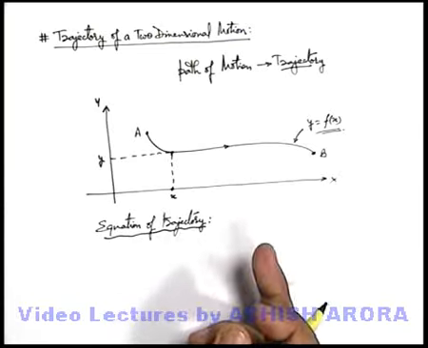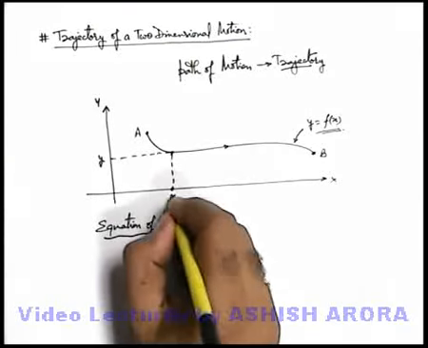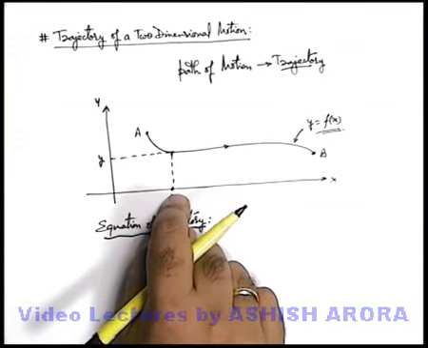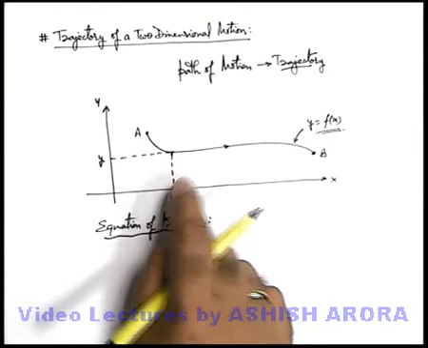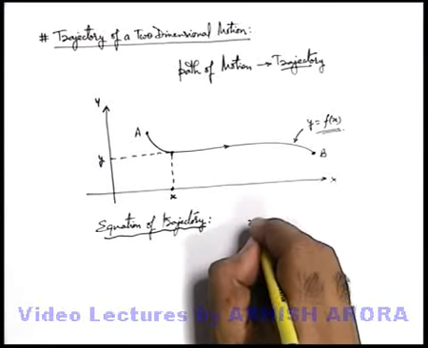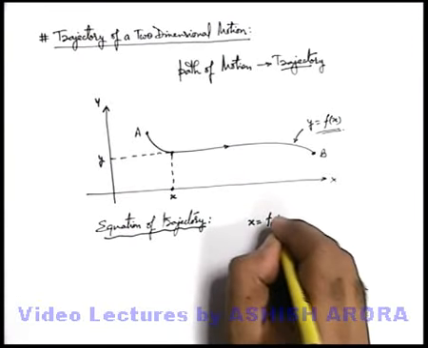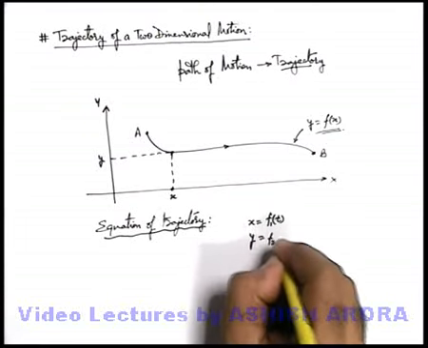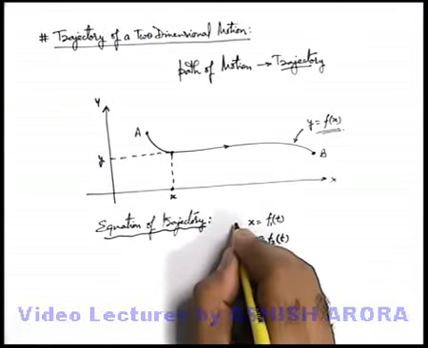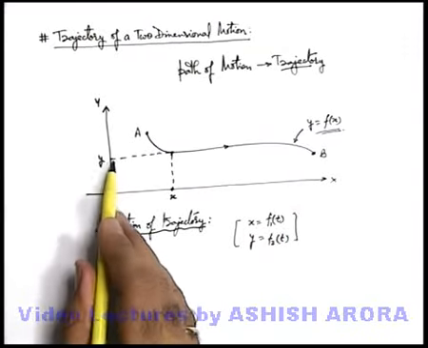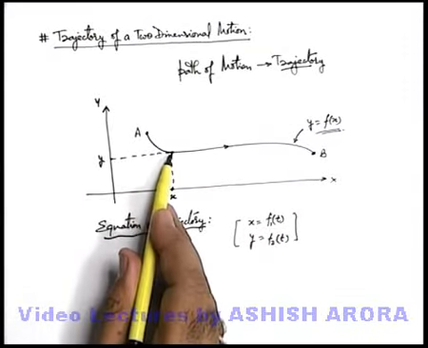In general two-dimensional motion, we have a split in x and y directions independently as a function of time. Say the particle moves along a path, its x coordinate varies with time with a function f1(t), and its y coordinate varies with time with a function f2(t). These are the two functions which give us the position coordinates of the particle in two-dimensional motion.